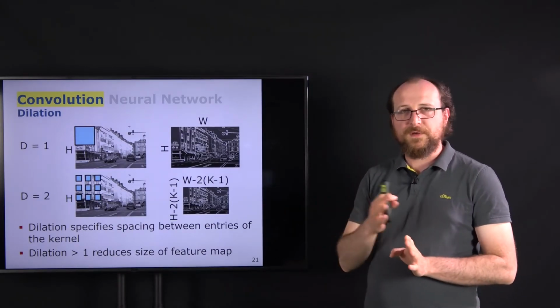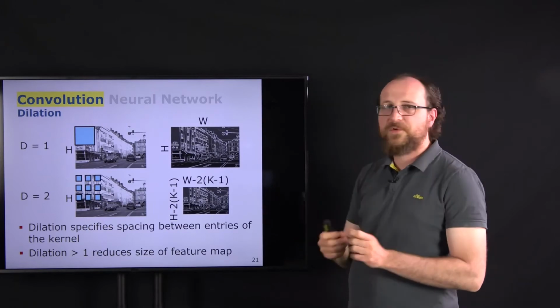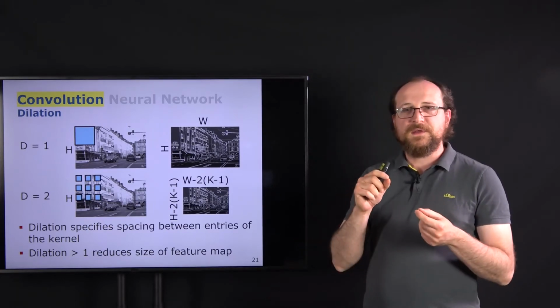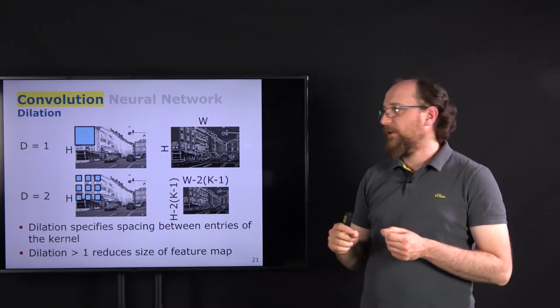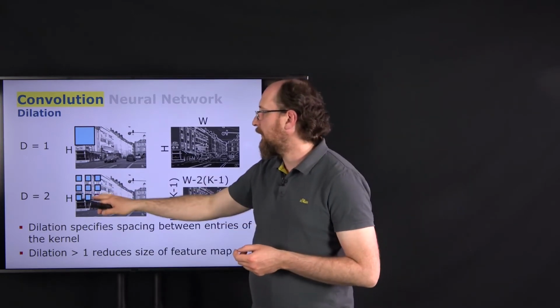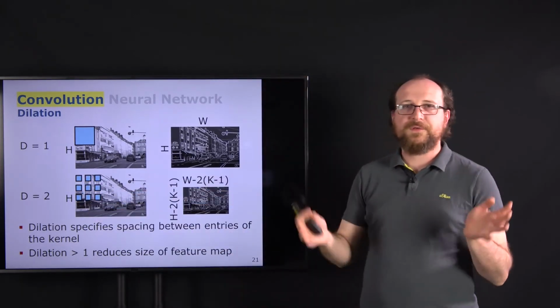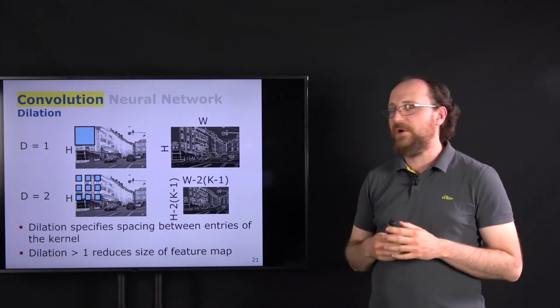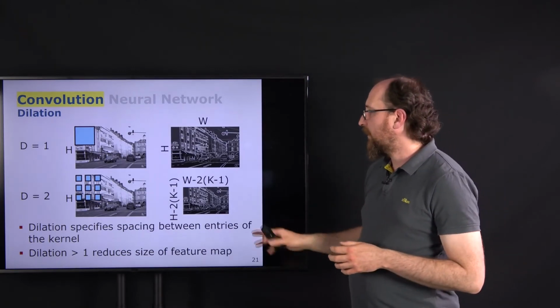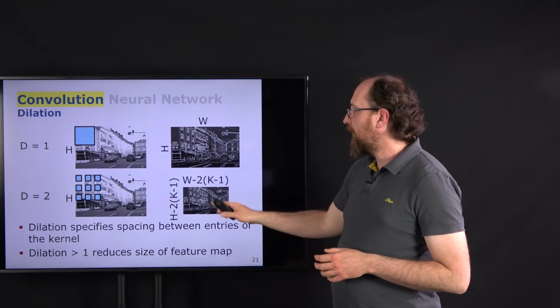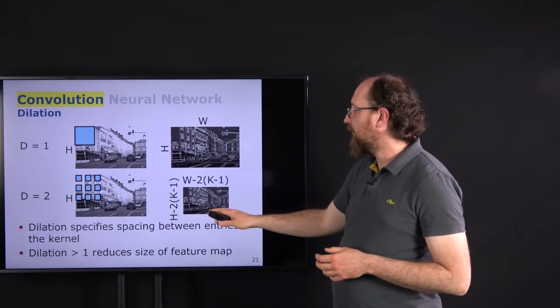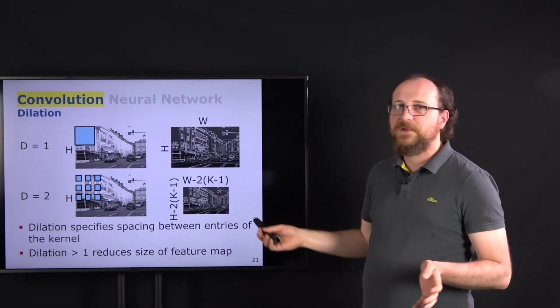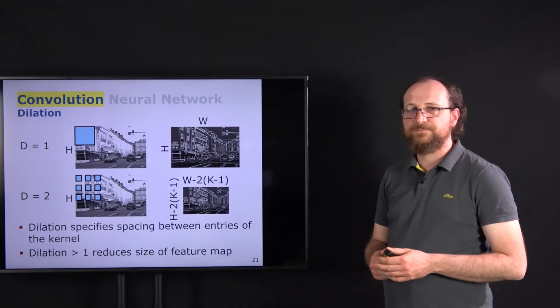In the dilation, we are splitting up the elements of the kernel such that they are spaced further apart. And this will give us more information about the image in the end. But as with the stride, when we are using a dilation, we are also reducing the feature map in the end.